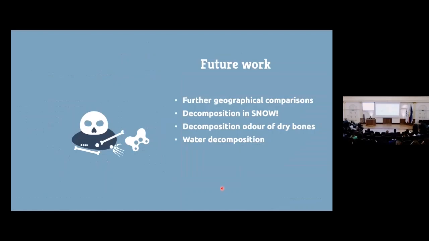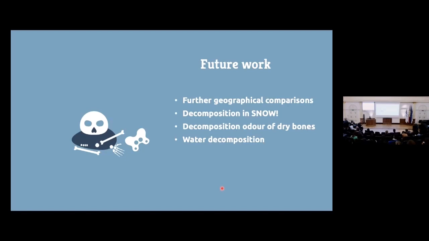Now, there can be a lot of future work done, but I think we can focus on actually doing these studies in different geographical locations just to be able to understand if there is actual variability in the odor profile depending on the locations or not. And Canada is actually characterized by the presence of snow 4 to 5 months a year.